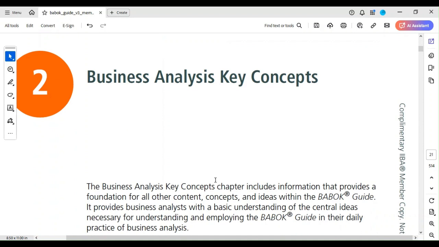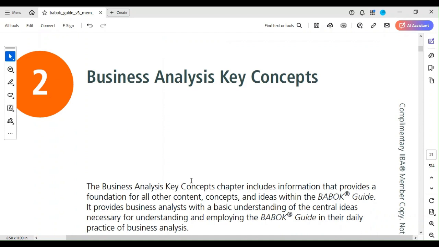So from here, we're going to move into business analysis key concepts. But before that, I would like to let you know that very soon I'll be starting a five-episode run on my journey to obtaining my CBAP certification and writing my CBAP exam. I'm going to share experiences from why I went for the exam, and how I prepared for it. I would give you detailed information on how to study, where to study, and which resources to pick up from the internet and YouTube.